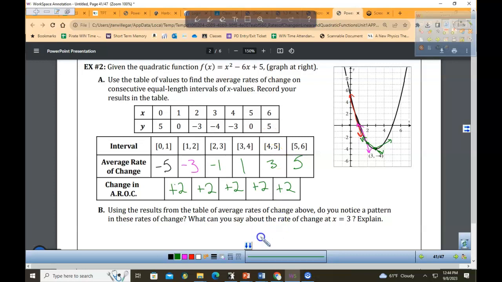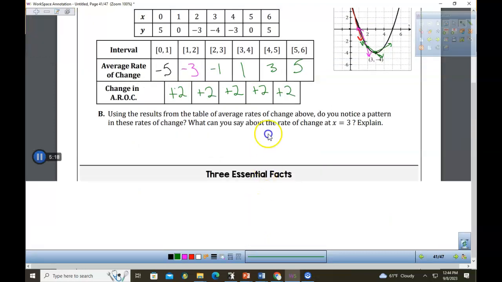What do you think will happen? What is the rate of change at 3? Do you notice a pattern? Yes, it goes +2 every interval, right? Now, do I notice a pattern at 3?